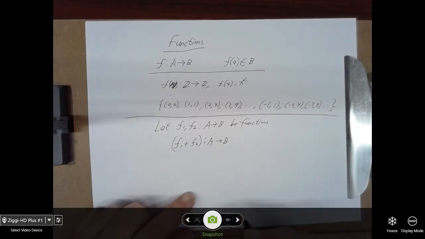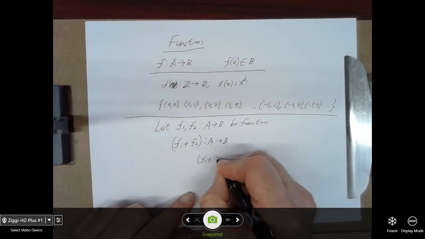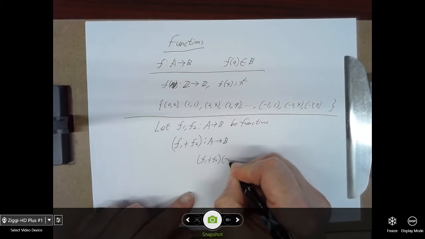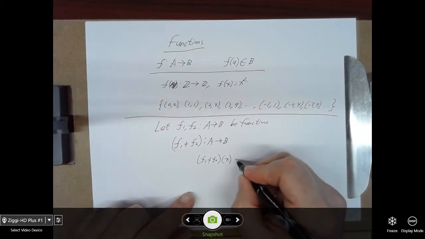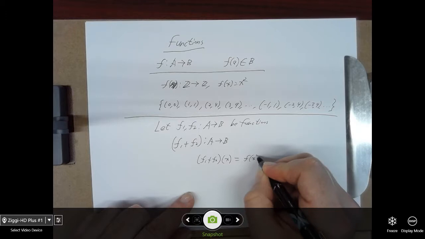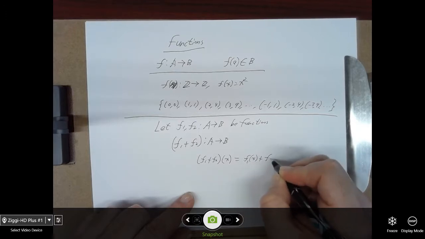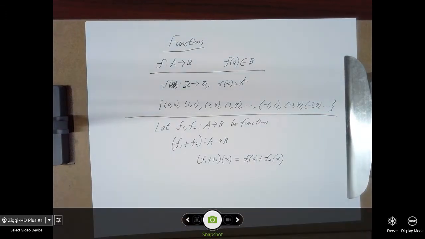And what this function does, if we apply it to some element x, is the following. It calculates f1 of x, it calculates f2 of x, and it adds them together.